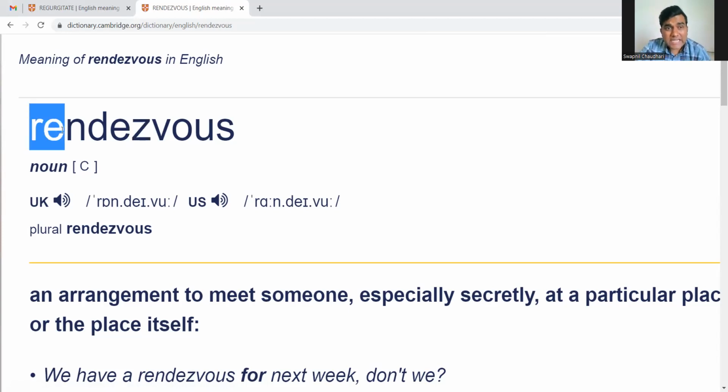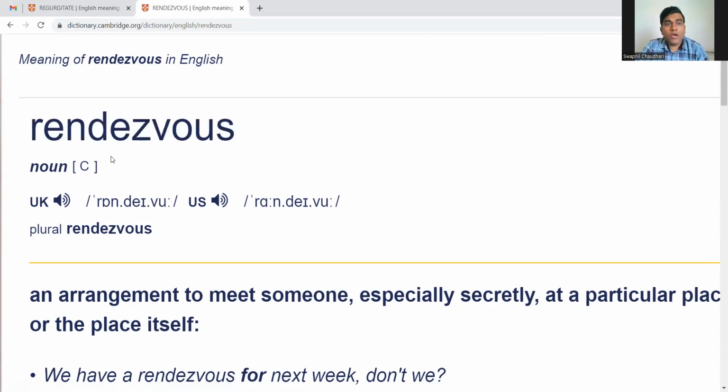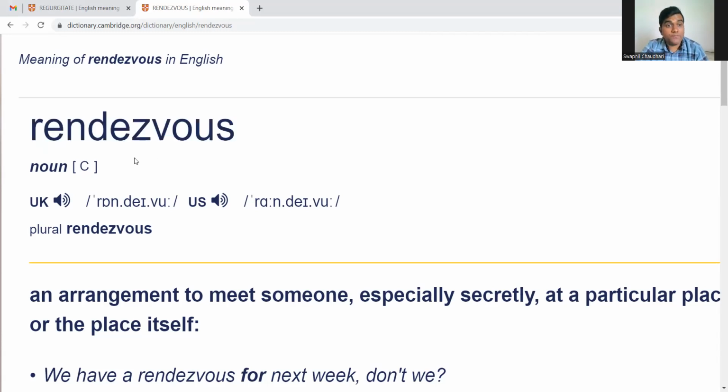Rendezvous, possible, right? Or maybe it is rendezvous. That is also possible, right? So I can either play the sound, but now I know a better technique. I can read the pronunciation. Okay? So now I know this is Ron.